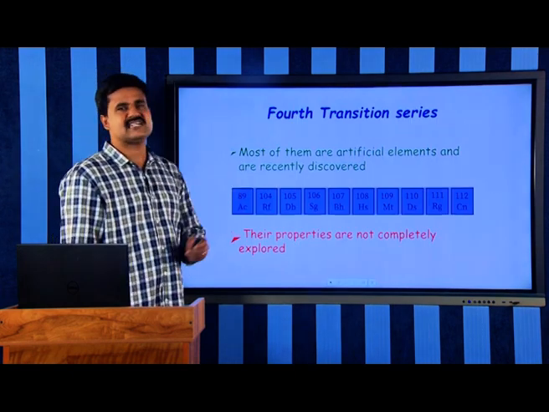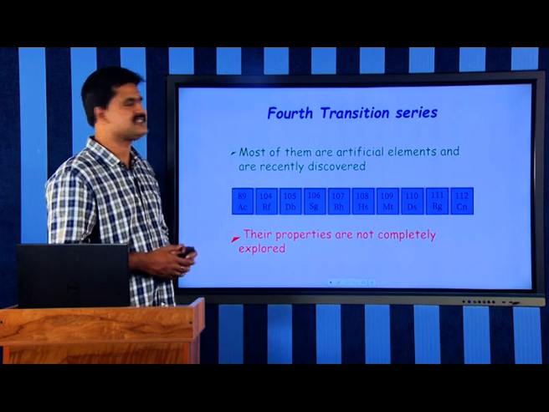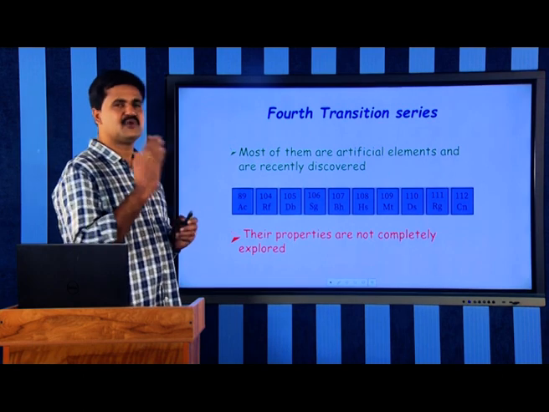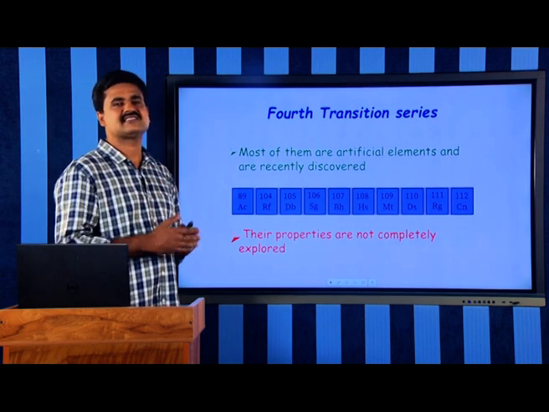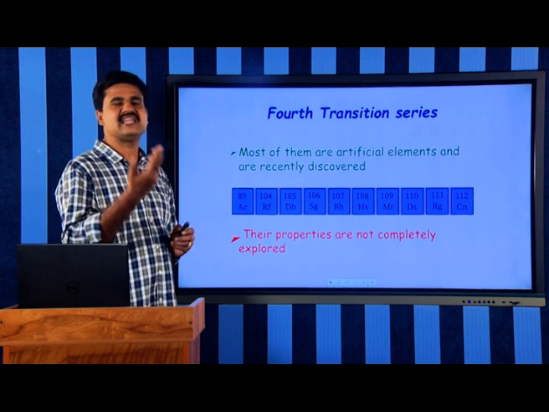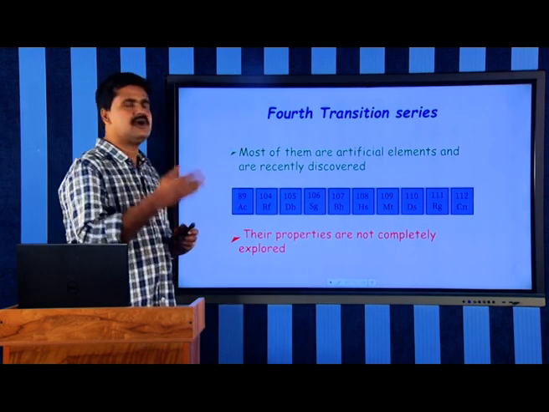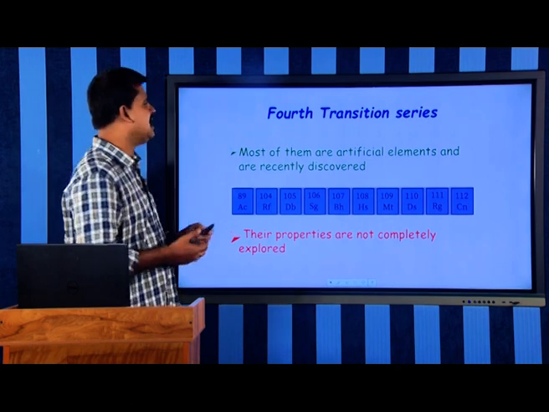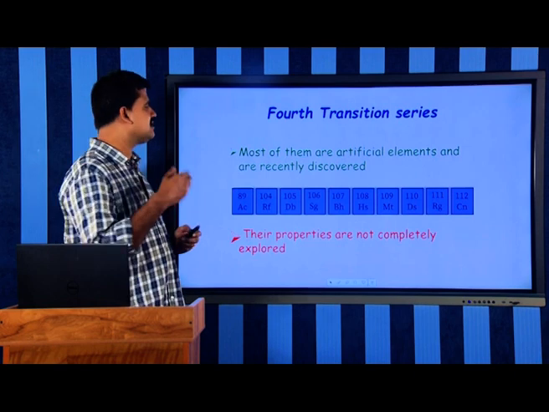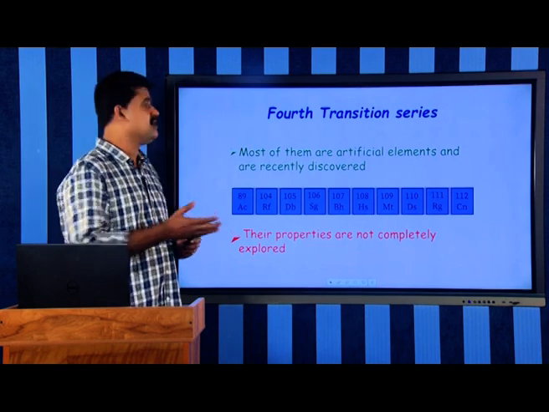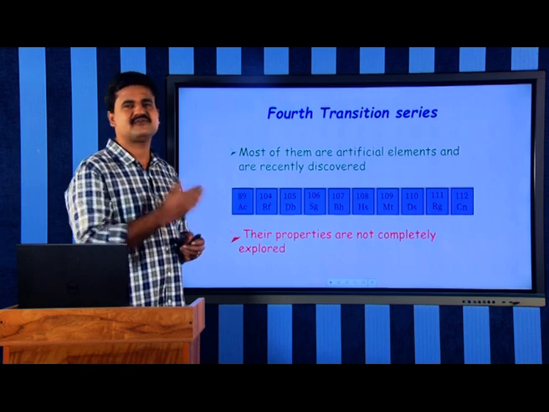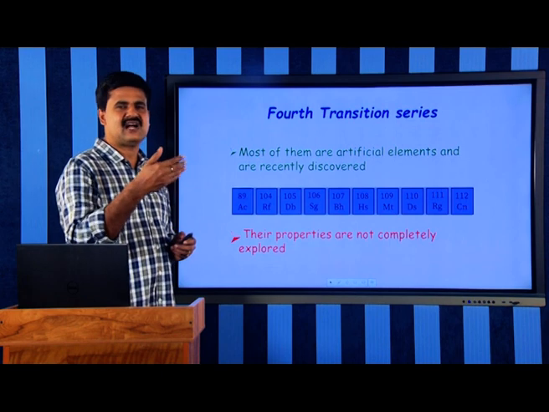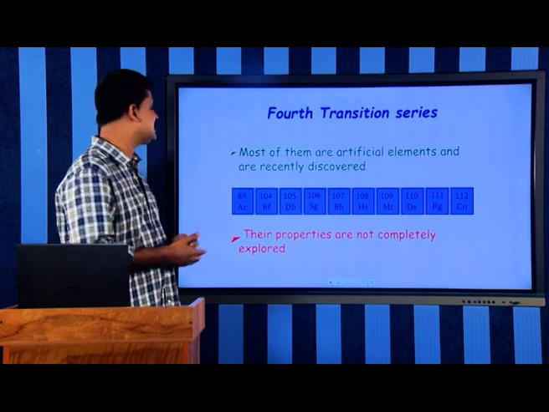Regarding the fourth transition series, some important peculiarities are noted. Most of them are artificial elements. That is, most of the elements of the fourth transition series fall under the transuranium element category. Moreover, all of them are prepared by artificial methods through nuclear experiments, and such elements exhibit radioactivity also. Moreover, most of these elements are recently discovered, and their names were also given in very recent years.